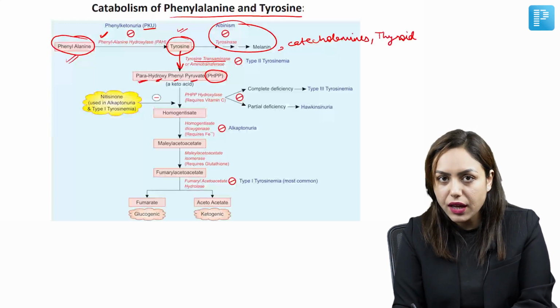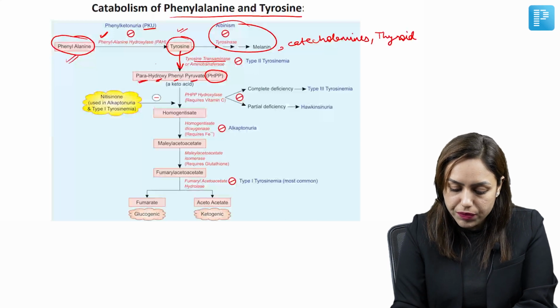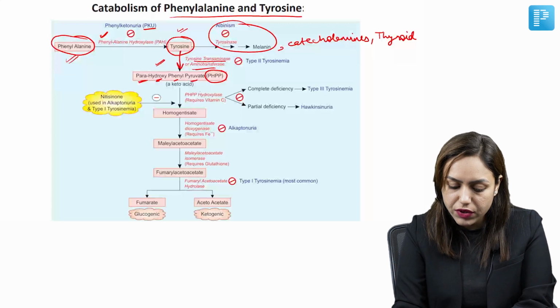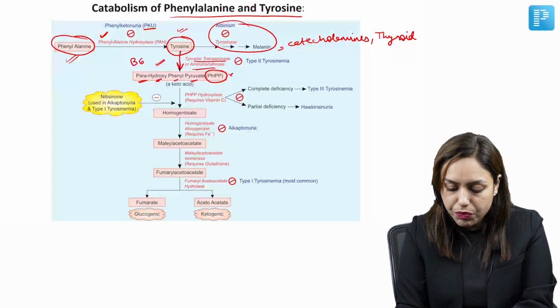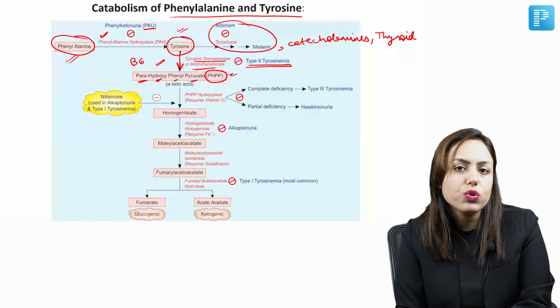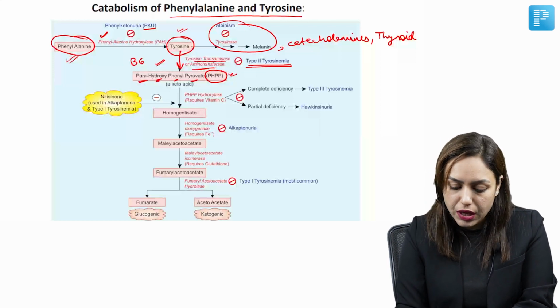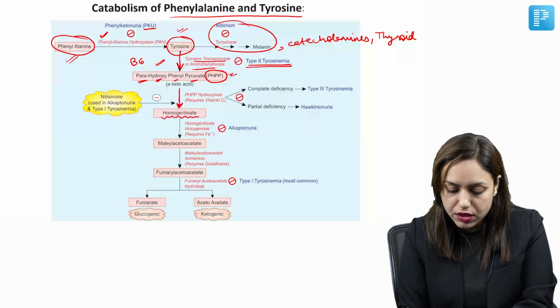And then it is catabolized. In catabolism, the first enzyme is tyrosine transaminase or aminotransferase, which requires vitamin B6, and we get PHPP. Now defect in this enzyme, tyrosine transaminase, leads to type 2 tyrosinemia. Okay. Then PHPP gets converted to homogentisate.